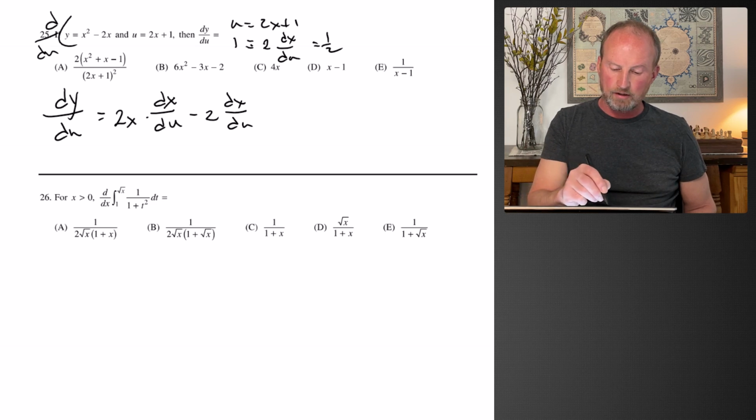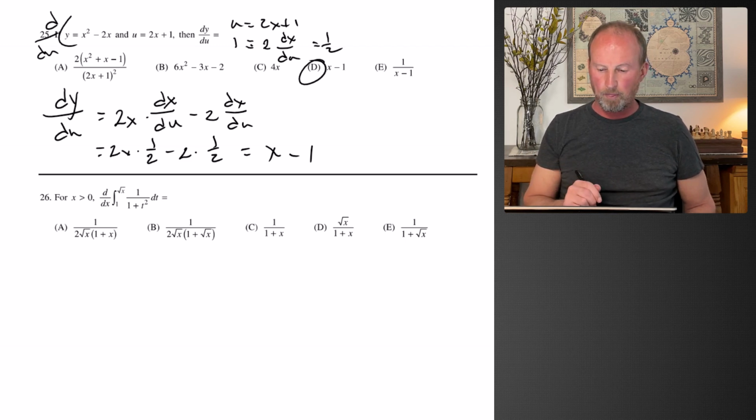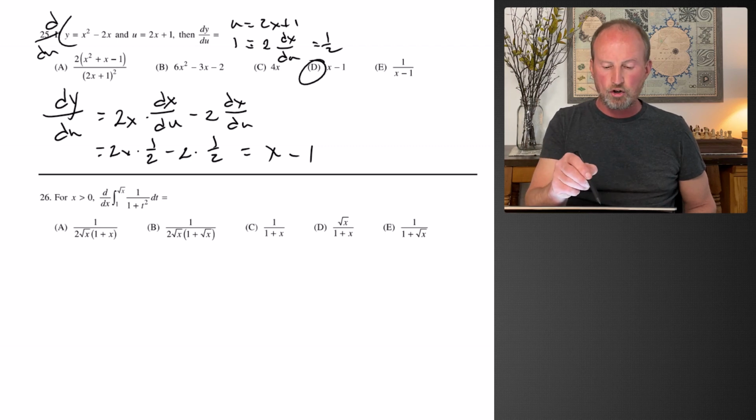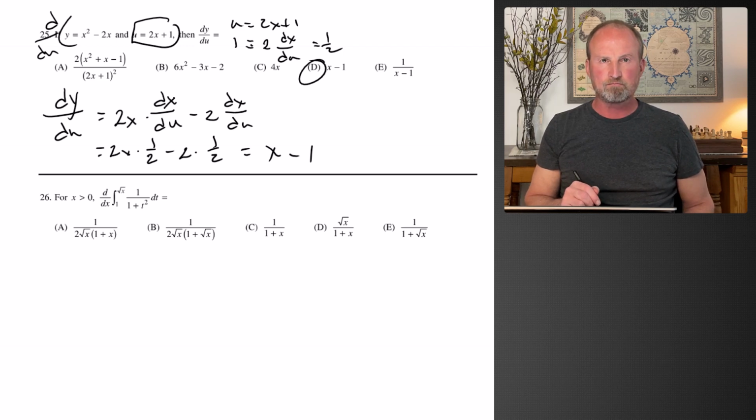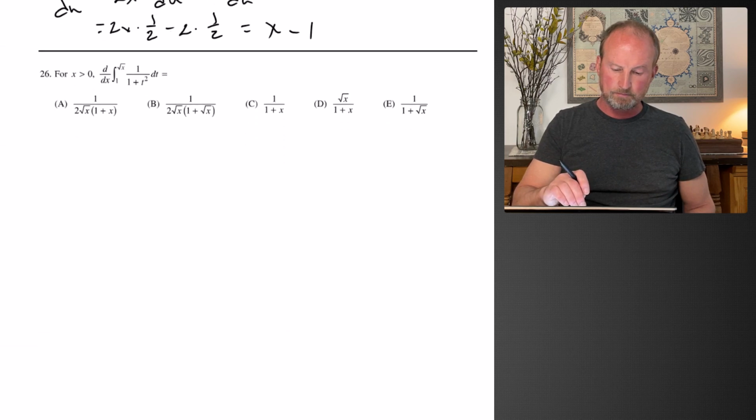So wherever I see a dx/du, I'm going to stick a 1/2. And I'm going to solve. So 2x times a half is just x. 1/2 times 2 is just 1. And it looks to me like it is letter D. That's probably the easiest. We could have solved this thing for x and substituted in. I think what we did was pretty good. I like it.